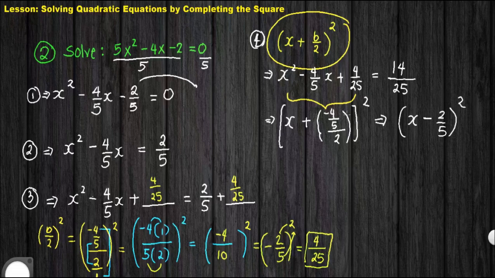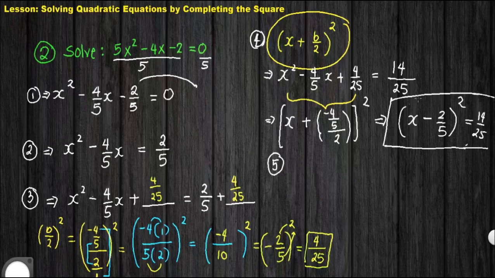Okay? So, this is the factor of this equation, and it equals 14 over 25. It is not yet done. So, for our last step, the square root principle.